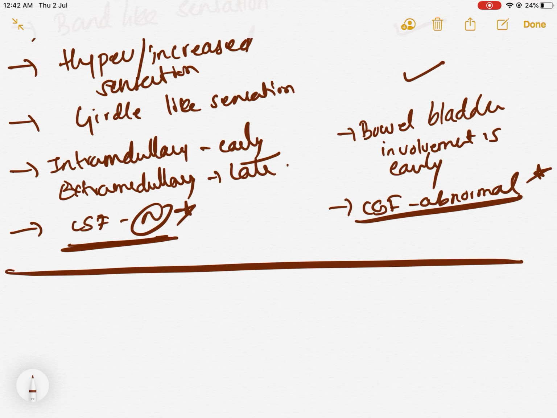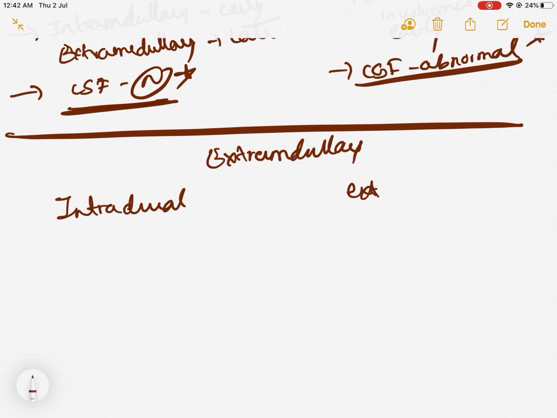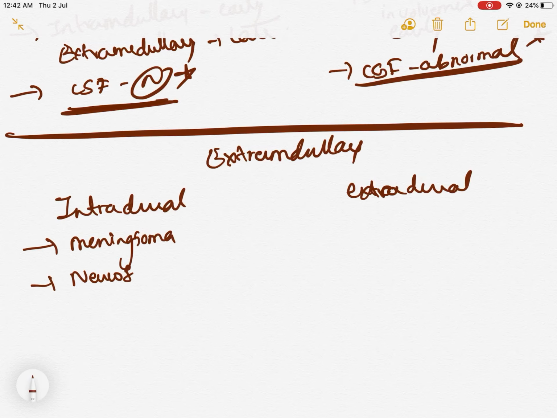Another feature is that whenever there is an extramedullary lesion, it can be intradural or extradural. Intradural could be because of some meningioma, neurofibroma, or due to arachnoiditis.